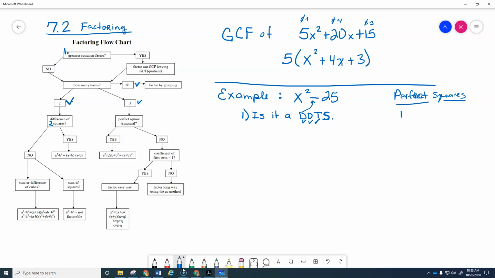Okay, 1 times 1 equals 1. 2 times 2 equals 4. 3 times 3 equals 9. 4 times 4 equals 16. 5 times 5, I hope you know what I'm doing. 36, 49, 64, 81, 100, 121, 169.